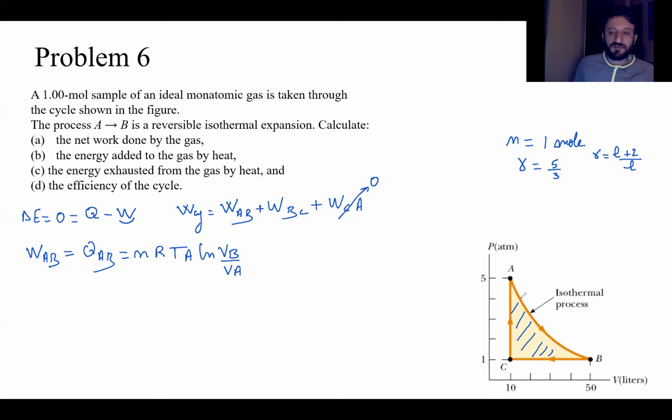In the case of AB, the volume increases, so omega AB must be positive. As VB is greater than VA, ln VB divided by VA is positive, and nRT are positive values. In this case, we can say QAB is positive and omega AB is positive.